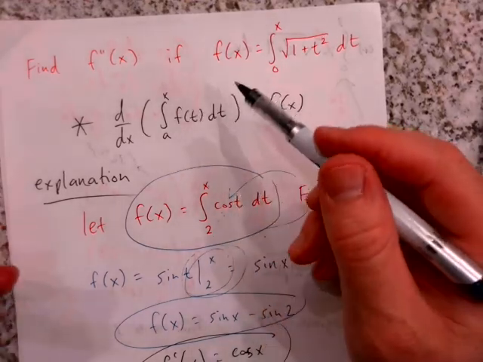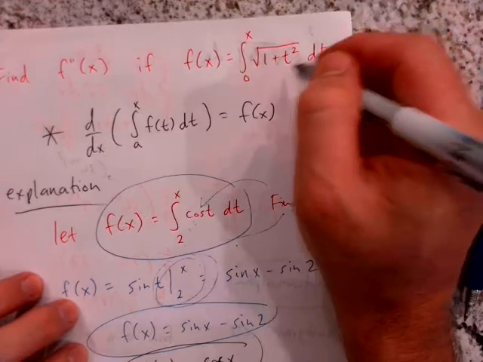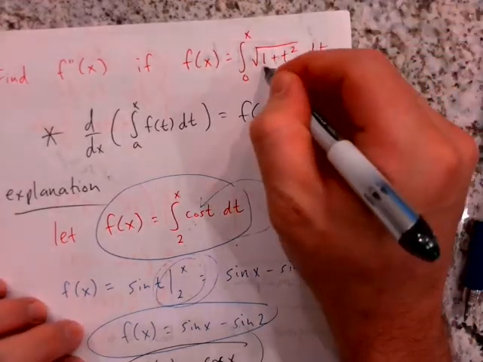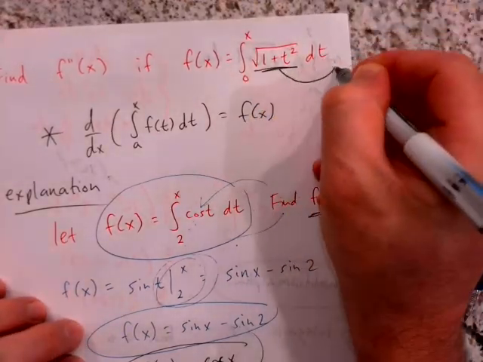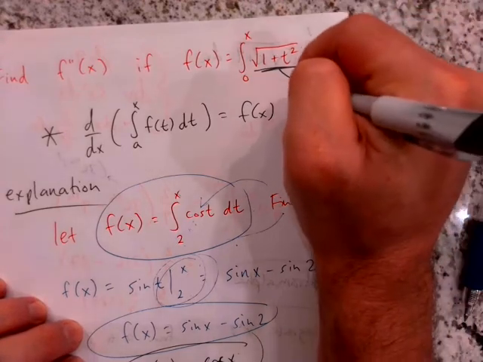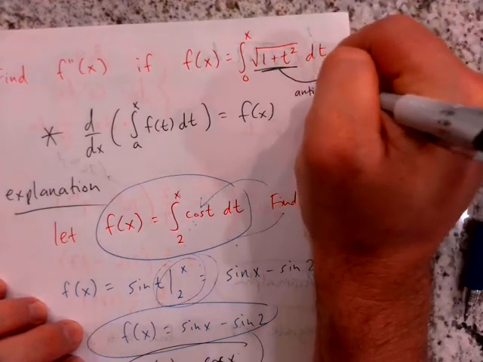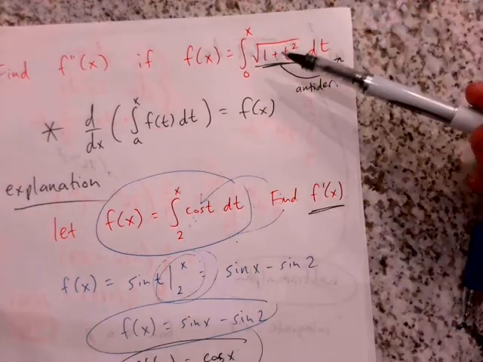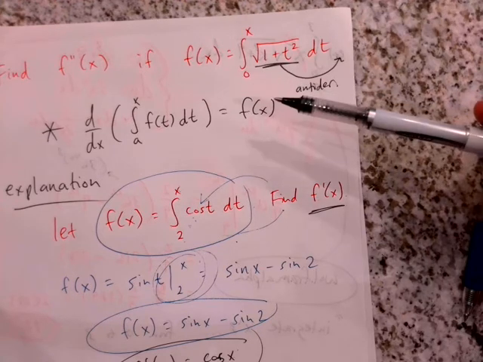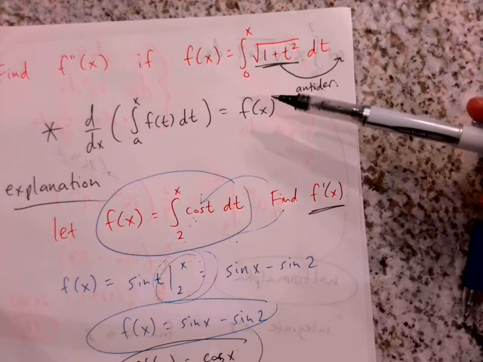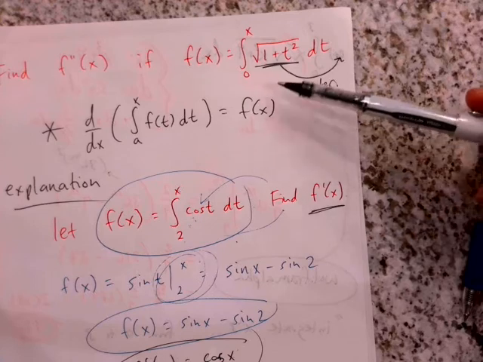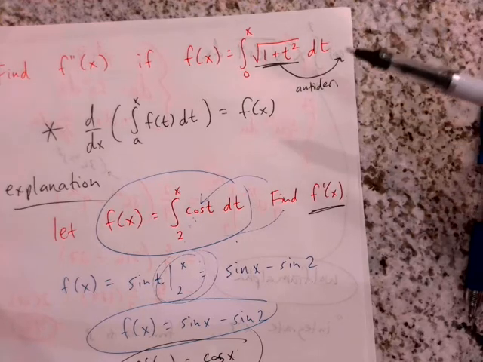So first we've got to find f prime. To find f prime, if we did it the same way as down here, we would take this function and do the antiderivative, which, by the way, we can't do yet. If we have time this summer, we'll learn a technique called trig substitution. Trig substitution is how you would do this integral, but right now we can't do it.